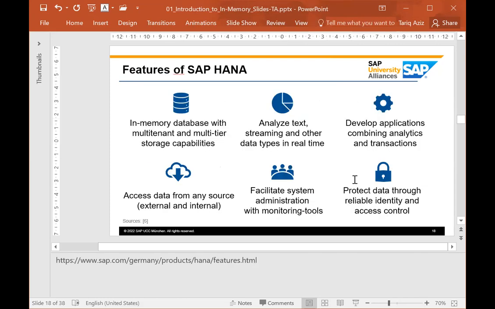Some of the features of HANA, as I mentioned, it is in-memory. It is multi-tenant, meaning one database can be shared by many customers.